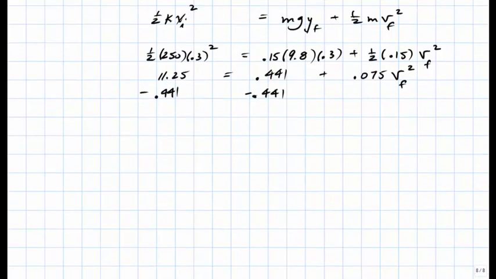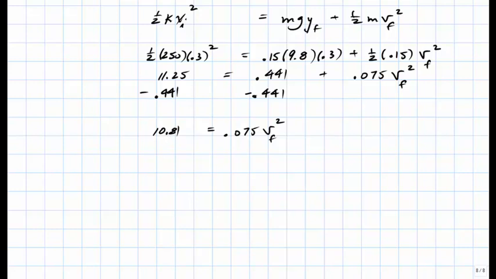and that yields 10.81 on the right equals 0.075 V final on the right. I'm sorry, the 10.81, of course, is on the left.